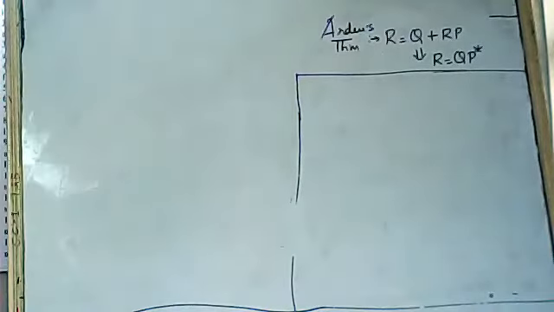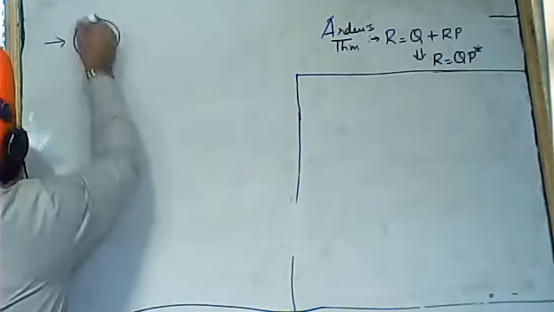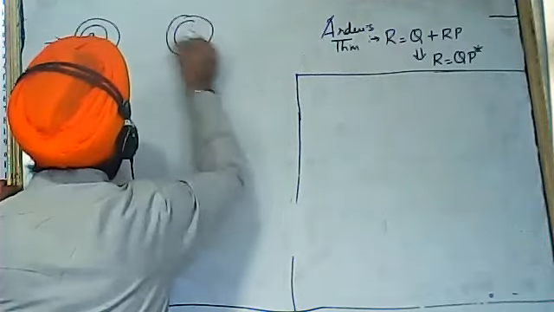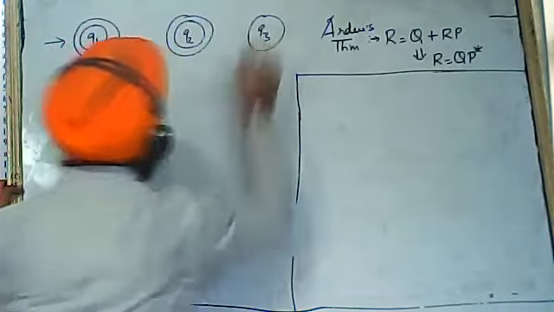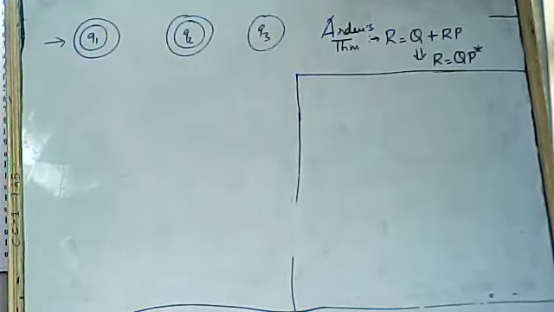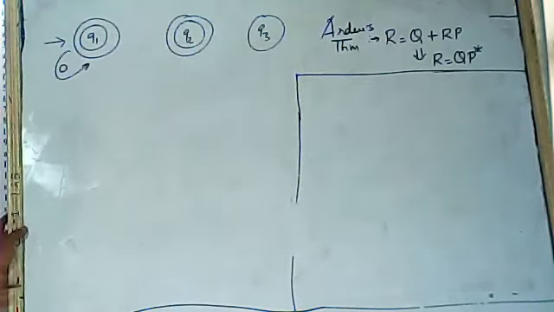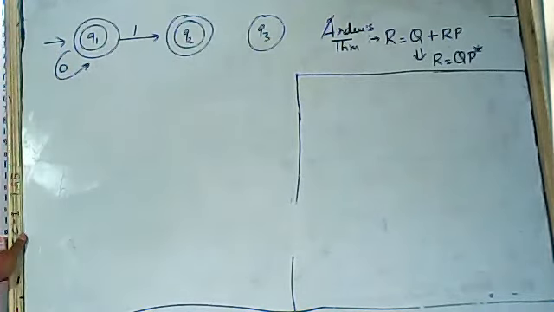So example number 3 is, here you have 3 states, Q1, Q2 and Q3, where Q1 is acting as the initial as well as final state, and upon the processing of 0, it is approaching towards itself. Upon the processing of 1, it is going towards Q2.